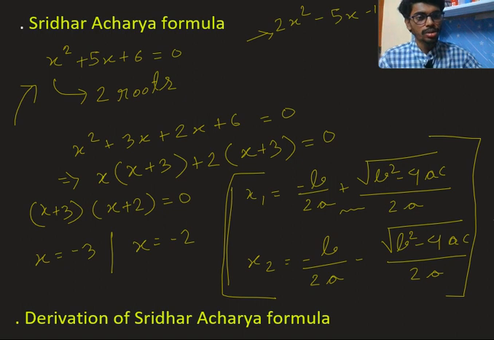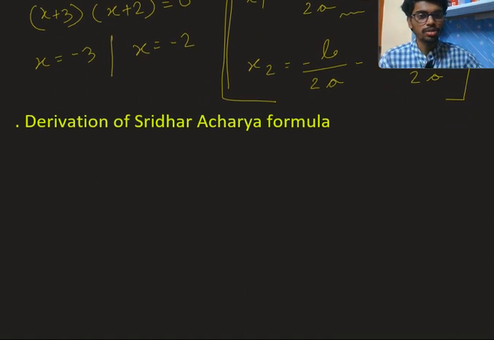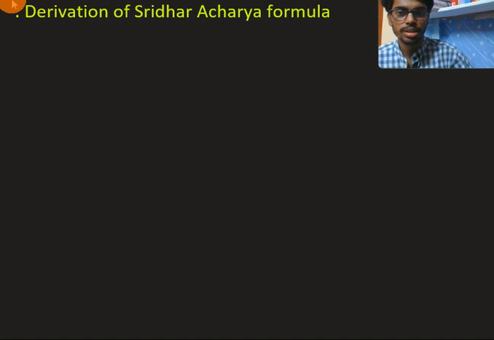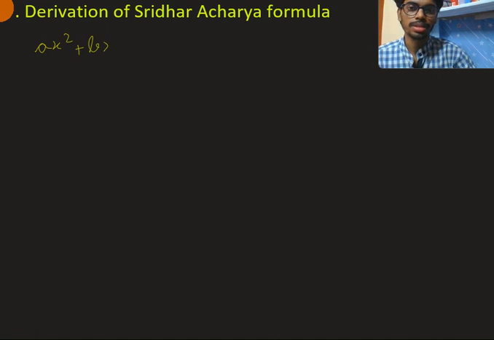So now we are going to derive Sridhar Acharya's formula. Let me write down the standard form of the quadratic equation, that is ax square plus bx plus c equal to 0.